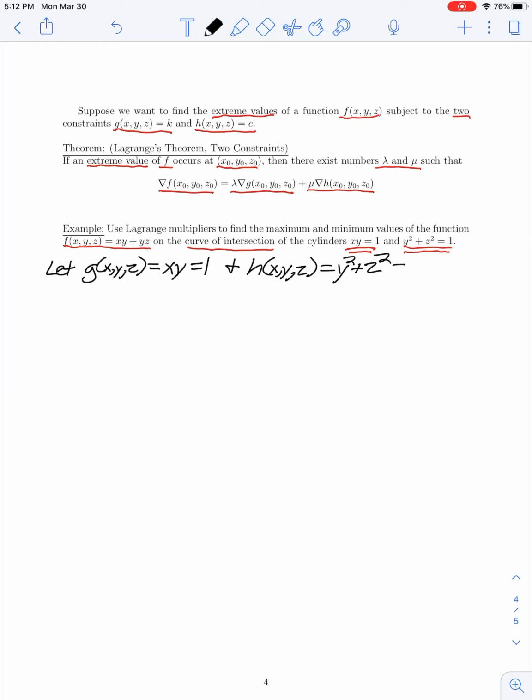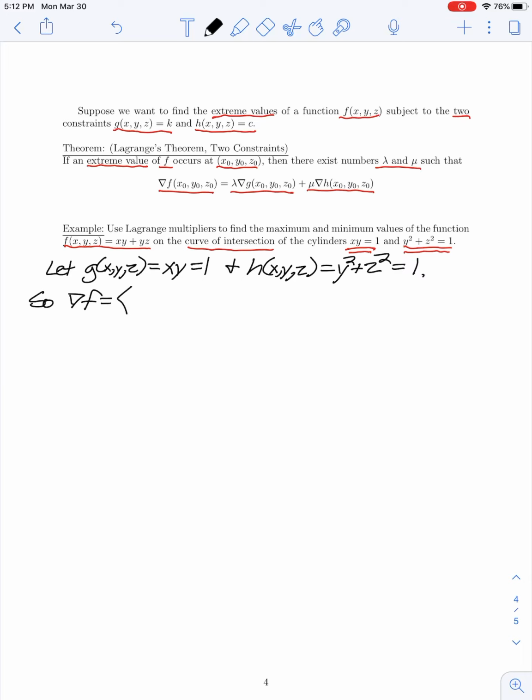And our second constraint function, h of x, y, and z, is given by y squared plus z squared, which has to equal 1.